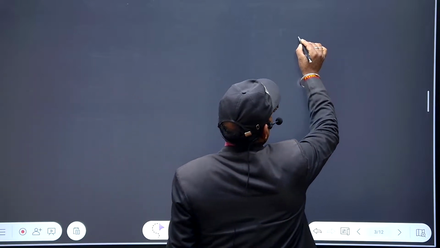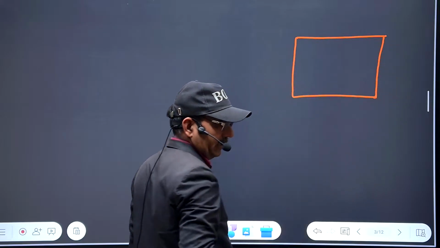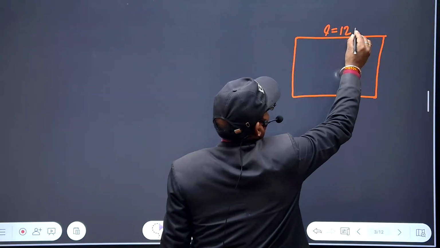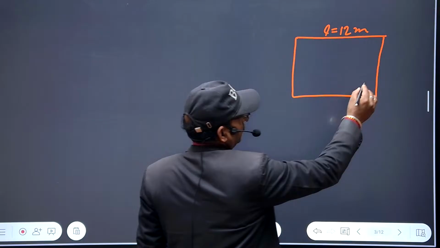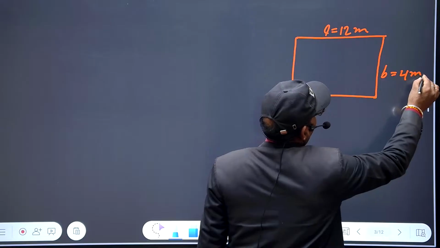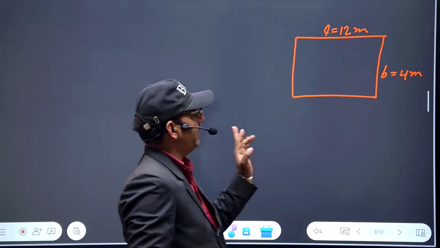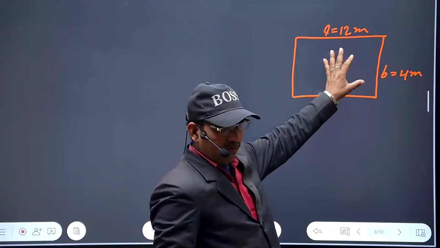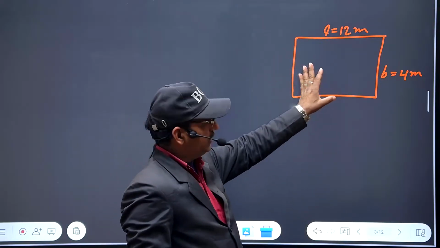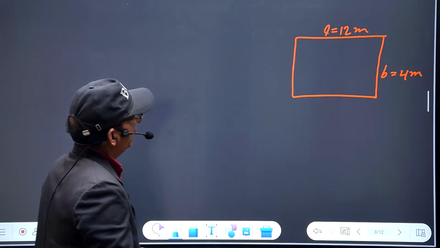Suppose this is a rectangle, length is given 12 meter and breadth is given 4 meter. If you find out the area, it means the region bounded by these 4 line segments. There are 4 line segments, 4 sides, and it is enclosed by them. The area inside is called the region, which we call area.